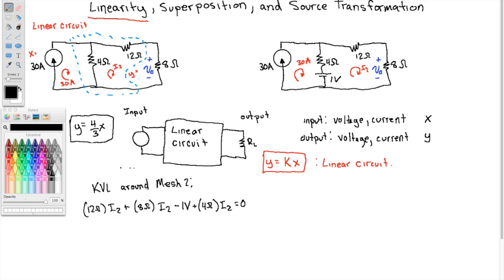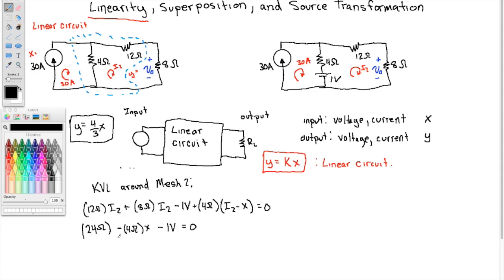And so I combine all these again, and I have 24. Oh no, excuse me. This is not 4 times I2. This is 4 times I2 minus 30 amps, but we're going to call that X, the input, equals 0. So now when I combine everything, I have 24 ohms times I2, and then a constant term: minus 4 ohms times X, and also a minus 1 volt.